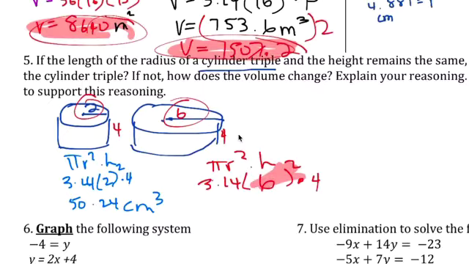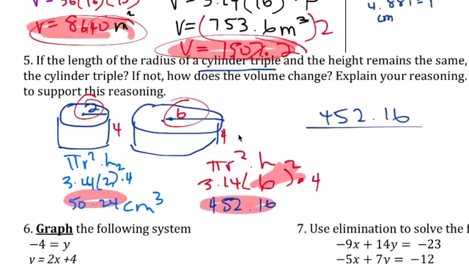So I put 3.14 times 36. Shoot, my calculator isn't working. Times 4. You get the volume of the bigger one is 452.16.